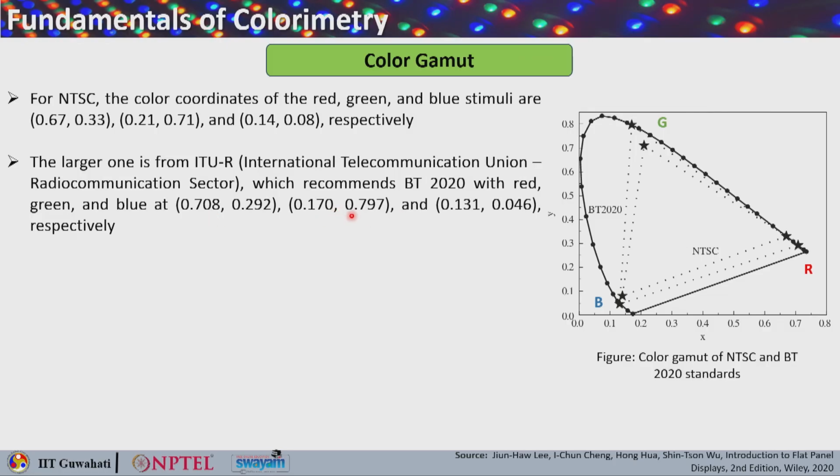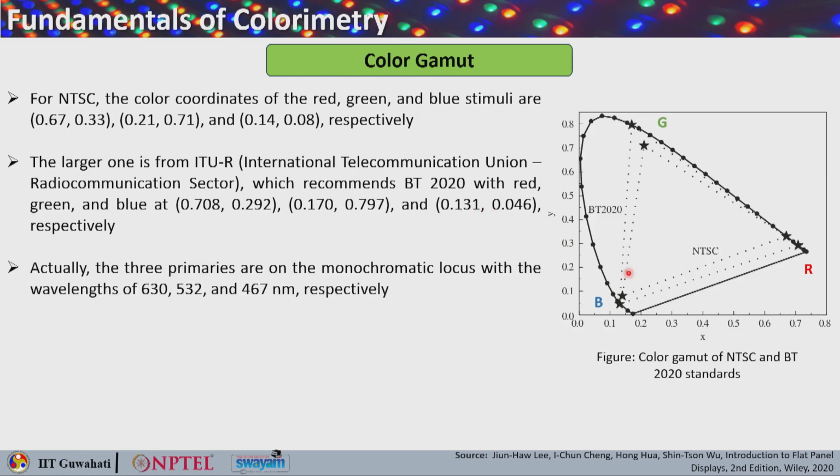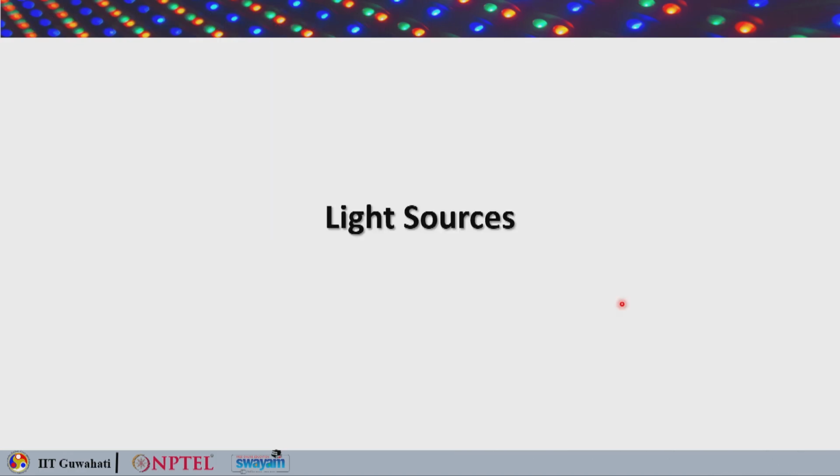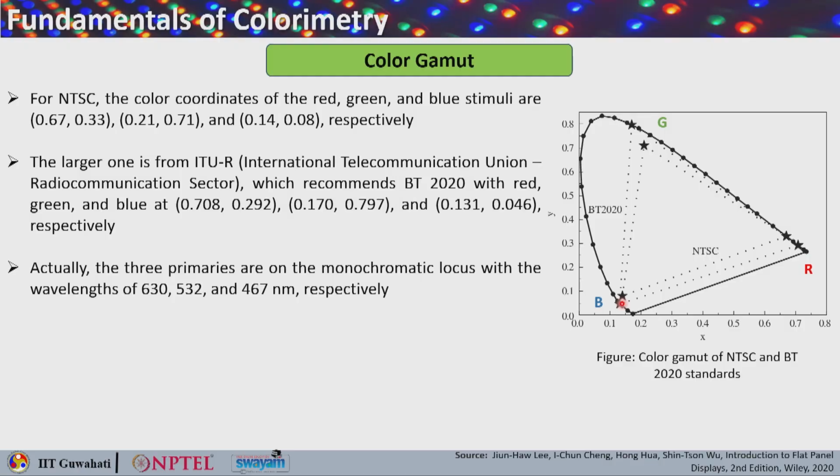You can see the values for x, y, z in this case. The three primaries are on the monochromatic locus, at 630, 532 and 467 nanometers respectively for red, green and blue. So, that tells us about the color gamut. The larger the color gamut, the more range of colors you can display if you follow the BT 2020 standard.